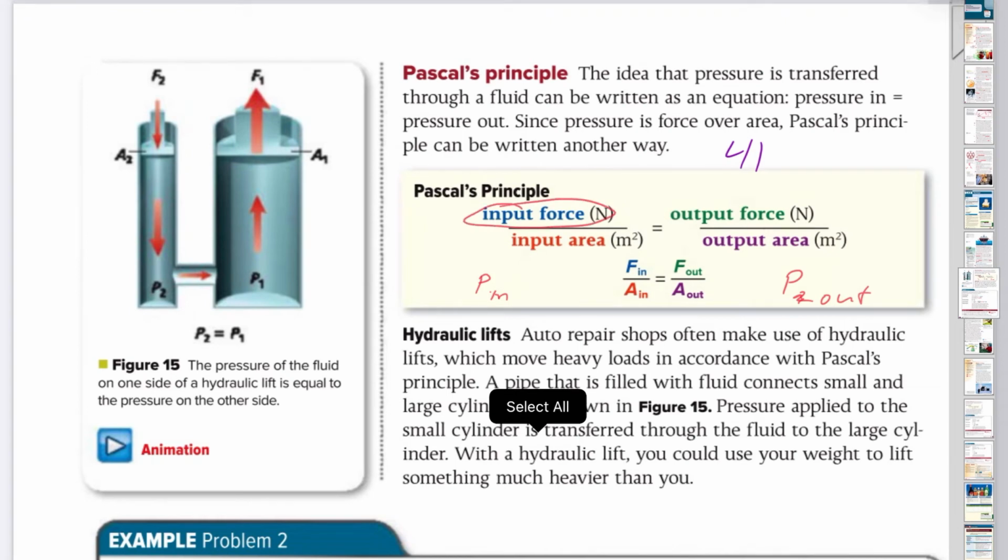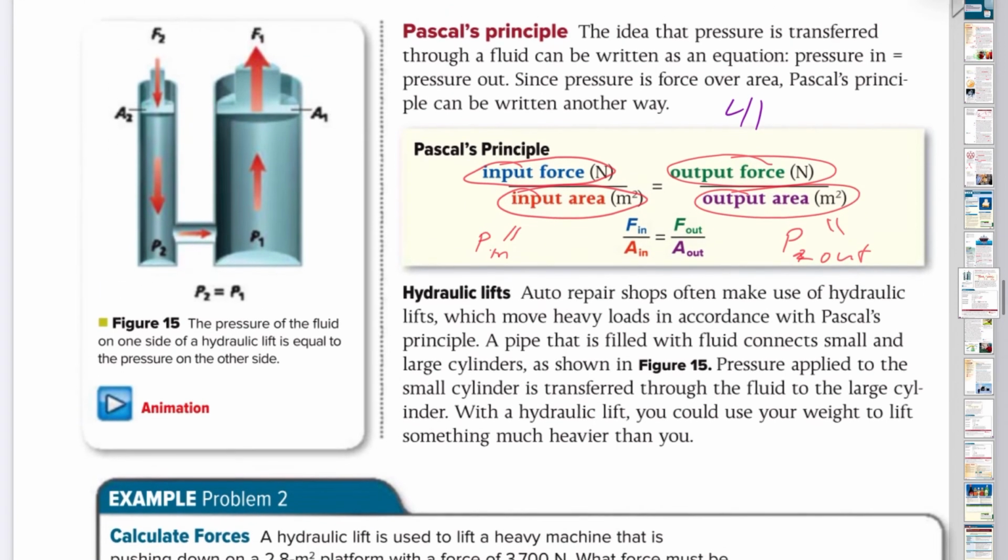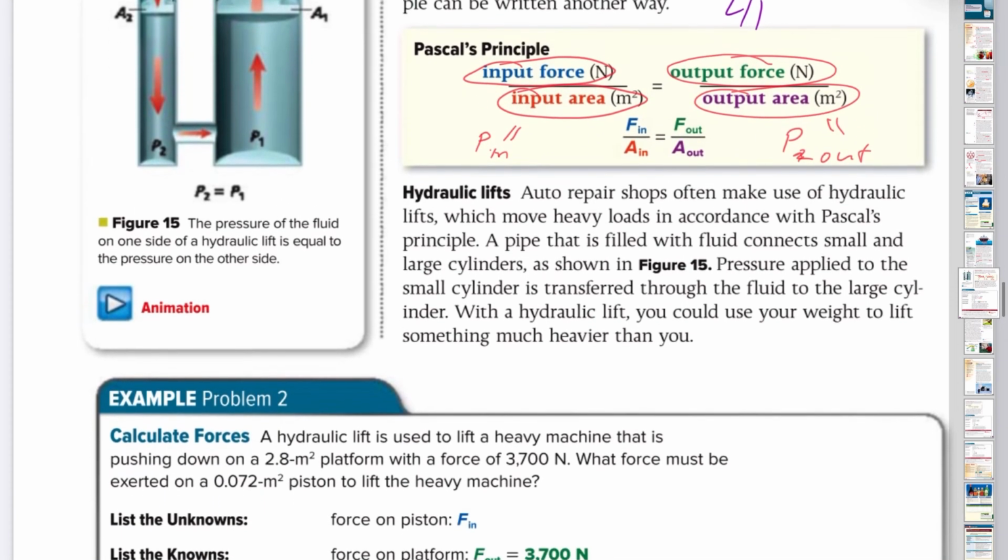So you have input force divided by input area, that is our pressure in. The pressure out is output force divided by output area. Okay, so that's our equation for Pascal's principle.